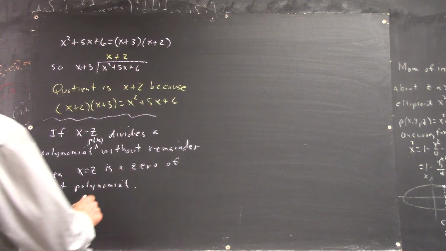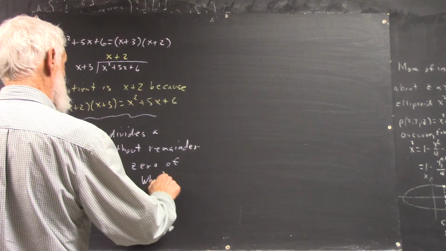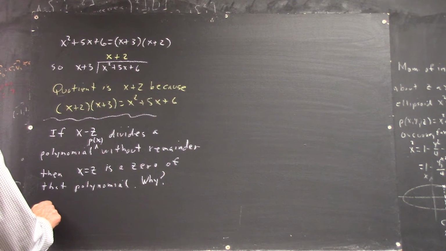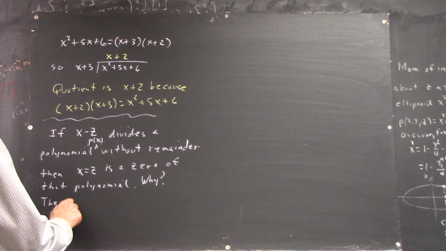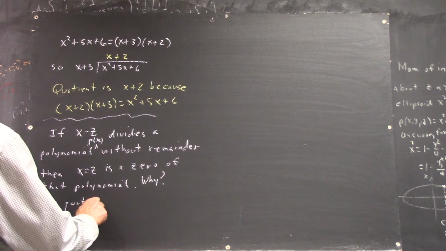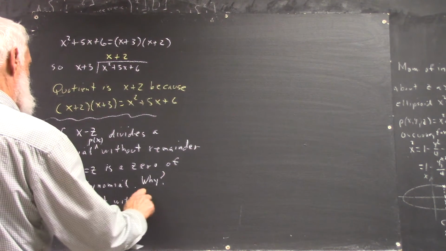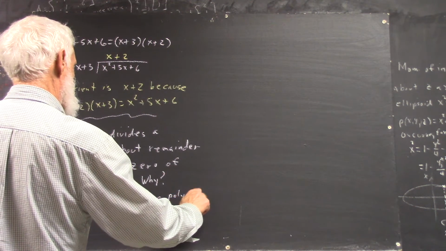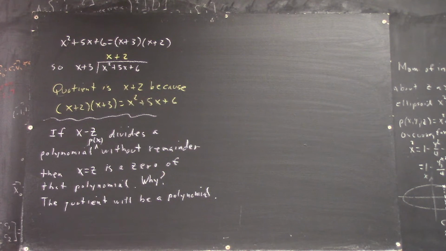Why? Because the quotient's going to be a polynomial.